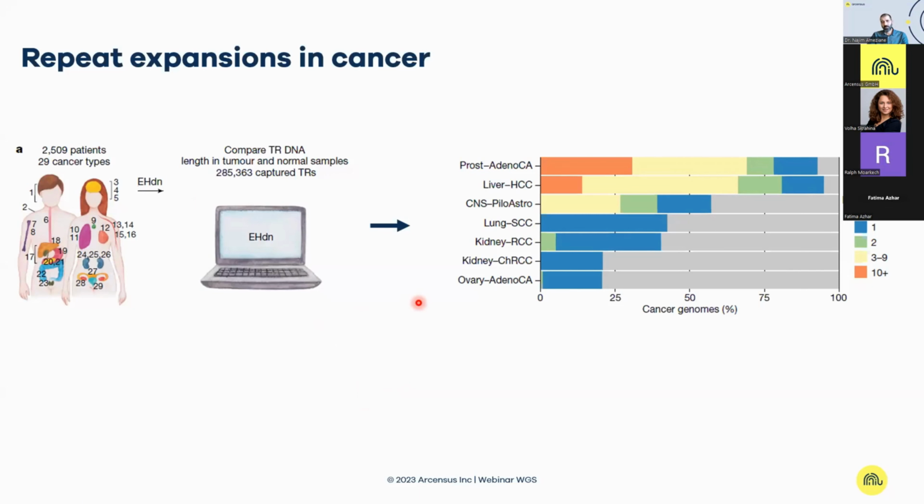There were some tumor types, such as prostate adenocarcinoma, where they were able to identify a number of recurrent repeat expansions per sample. There were different types of repeat expansions that went over 10 times, whereas in some other tumors they were able to identify only a single repeat expansion.